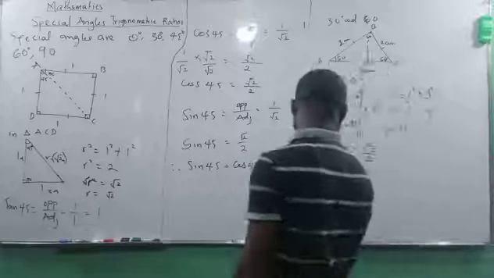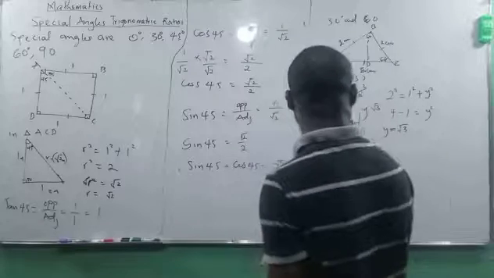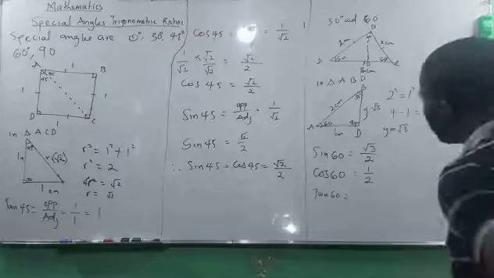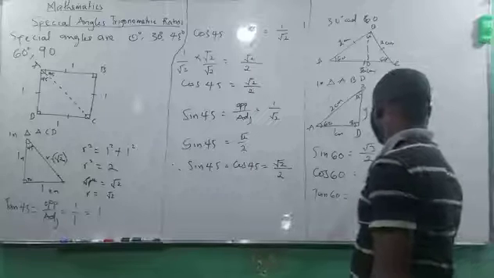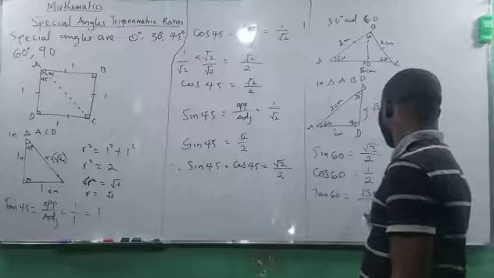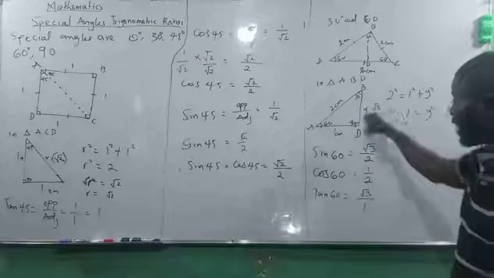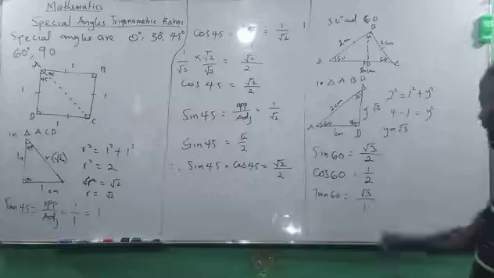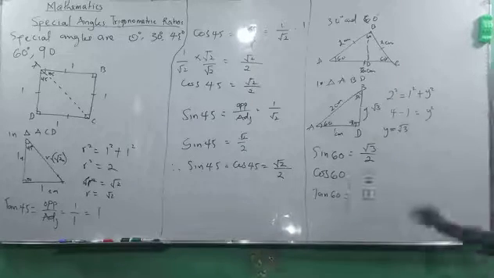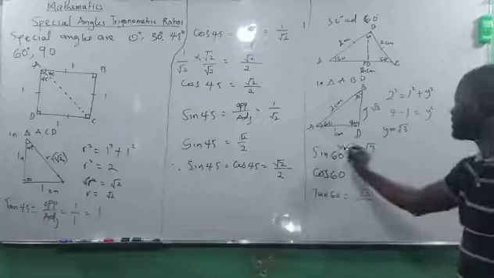Now, my tan 60 will be equal to, my tan 60 will be what? Root 3 all over 1, which is opposite all over adjacent. Now, at this point, these are the ratios for tan. And for cos, for 30, let me tell you, this is 60 degrees.